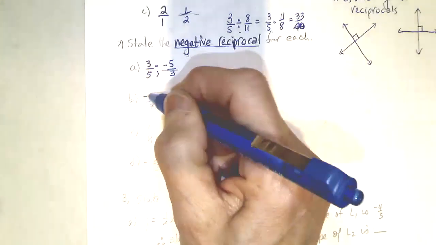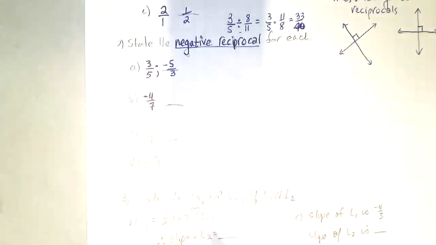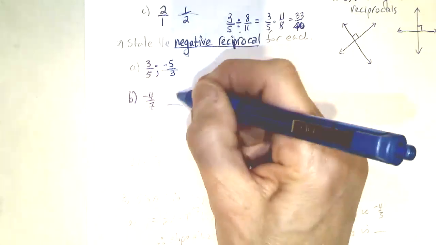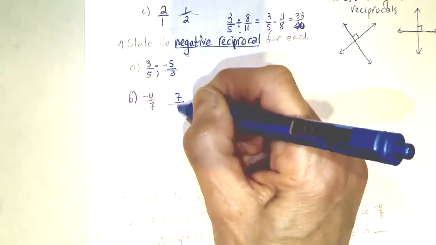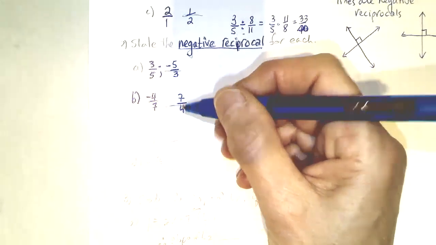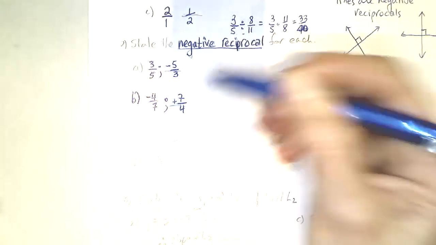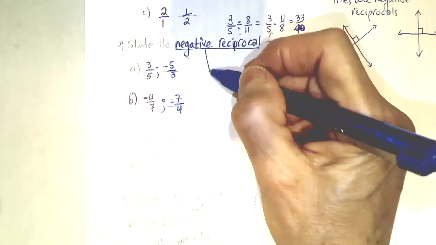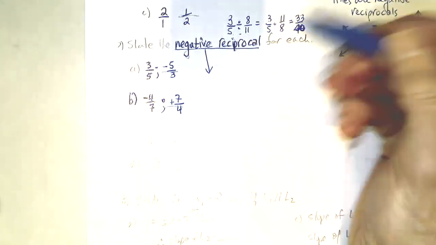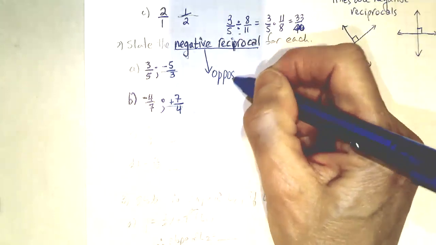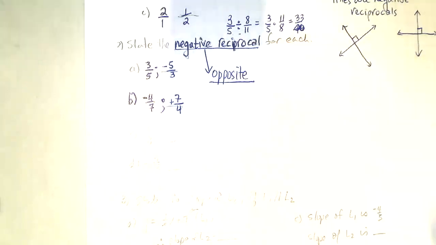If the original is negative, for question B, then to take the negative reciprocal, you're going to flip it. The 7 goes on the top, the 4 goes on the bottom, and it changes. It becomes positive. Negative in the world of mathematics, you guys all think it means there's a negative sign. It doesn't. Negative really means opposite.